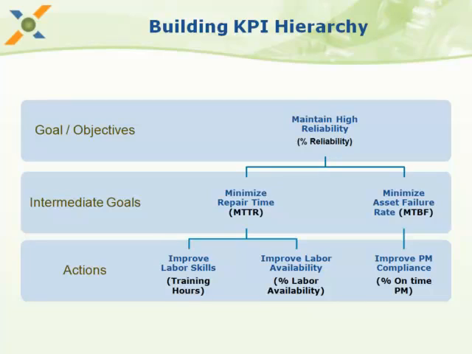I could have added another one for PDM as well. So the point here is you can build these types of hierarchy. This was just a 3-level hierarchy, but you can have a multi-level hierarchy. It will all depend on what we are trying to address. But by and large, this is the concept that can help when you build the list of KPIs that are important to your organization or your situation.